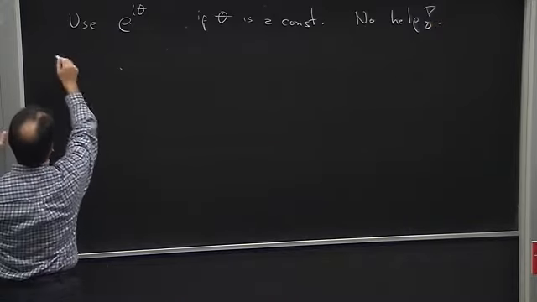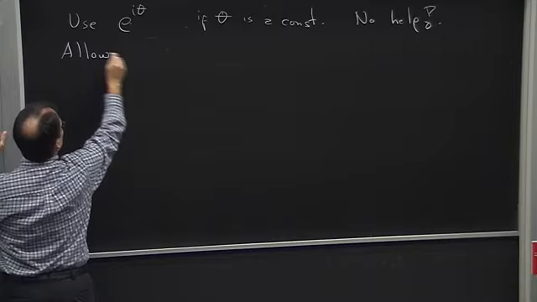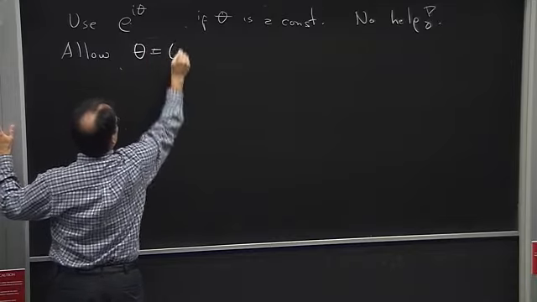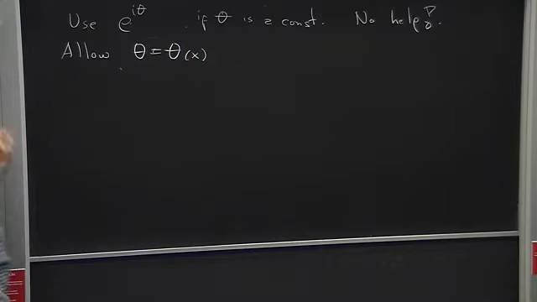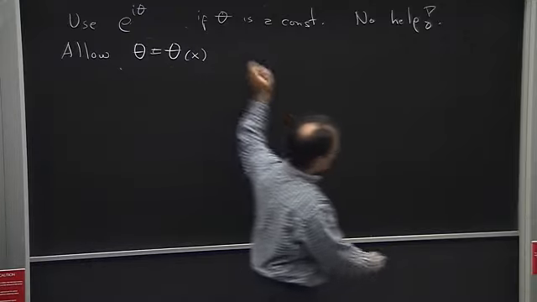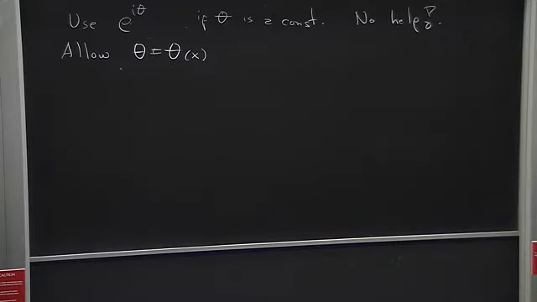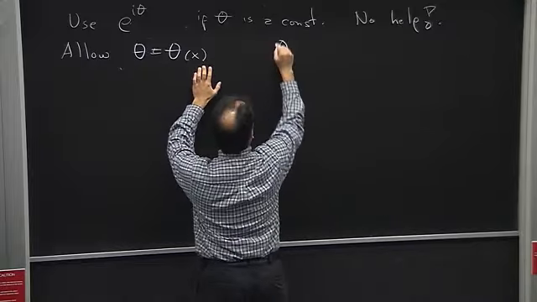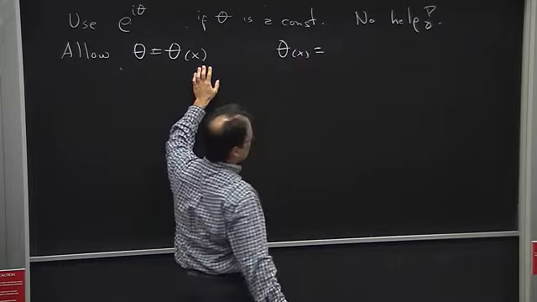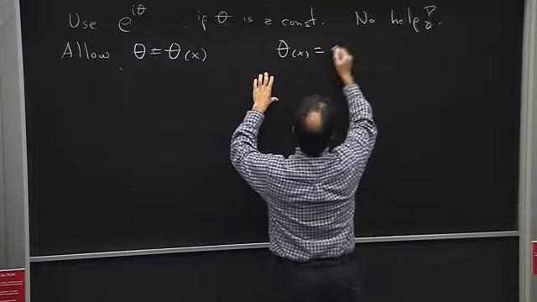So we should allow theta to be a function of x. In fact, we should try to coordinate and lock it or relate it to this transformation. So I'm going to allow theta of x to actually be proportional.